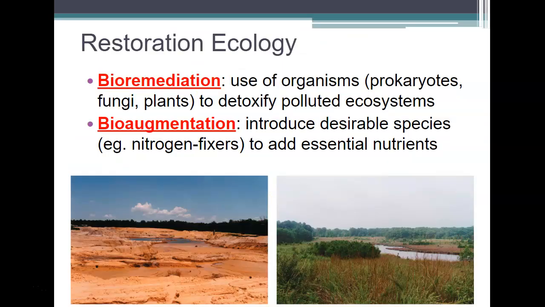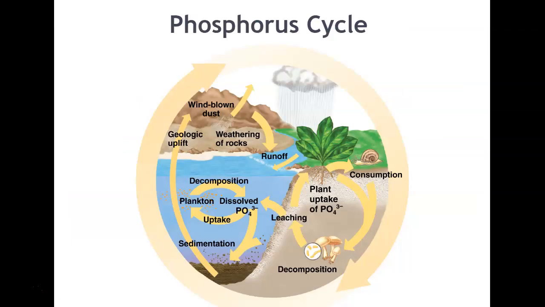And then we also have phosphorus. Again, I just want you to have a general idea of how these things cycle and where they come from and so on. Phosphorus gets taken up or fixed by plants as well, and then can be ingested by herbivores or decomposers.